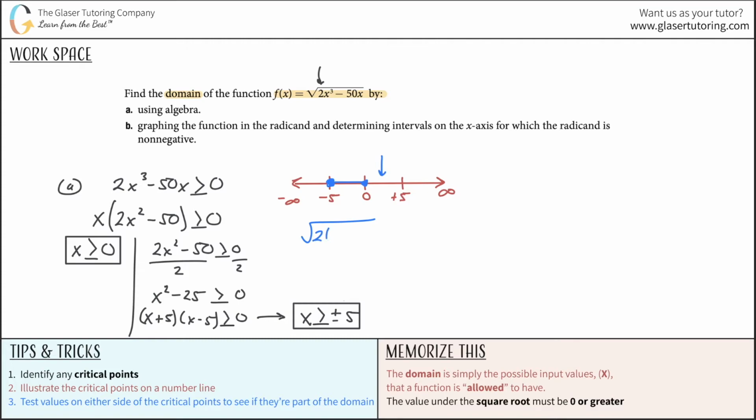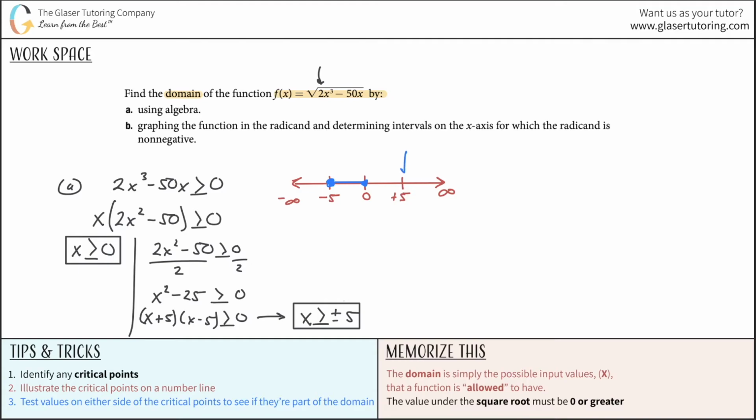Let's make our life easy. 2 times 1 cubed minus 50 times 1, and you probably already see a problem here. There's going to be 2 minus 50, which is -48. No good. So we're not going to include this region. We're not going to shade in here up to +5, because I know that all of them won't make sense.